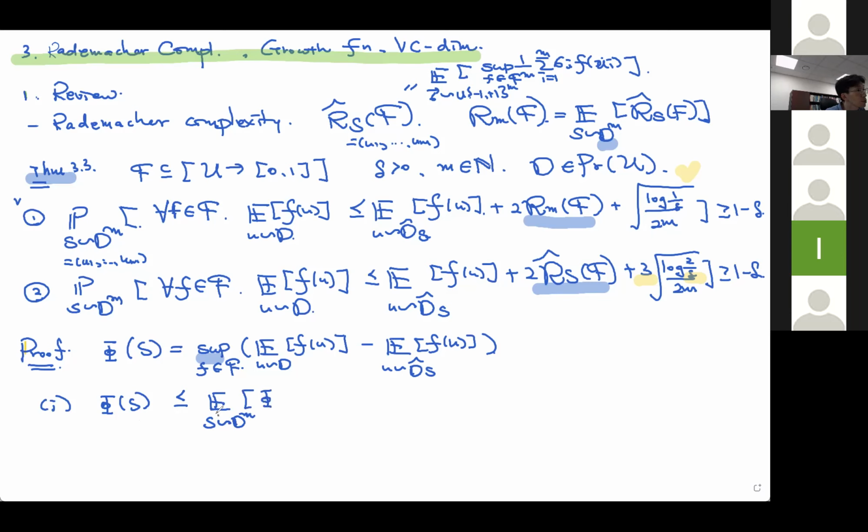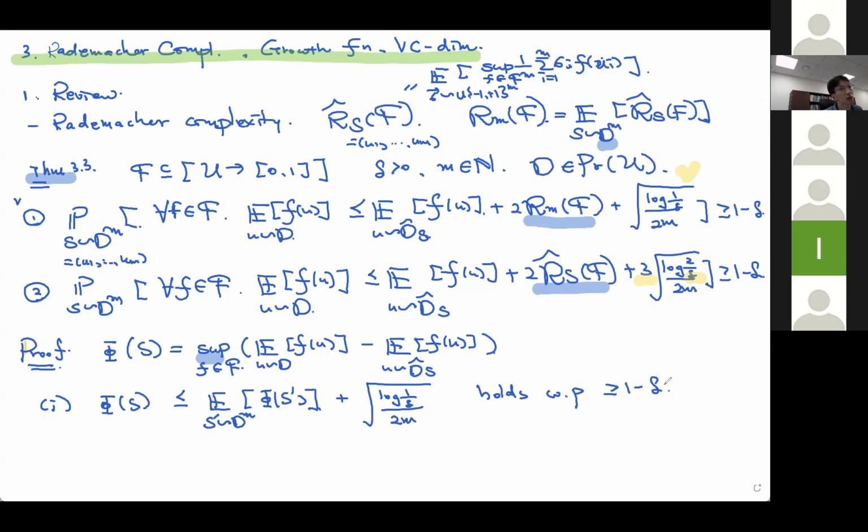If you prefer, we can put S prime to distinguish this. So we want to say, can we somehow upper bound phi using the expectation? It turns out that's possible, as long as we add some slack term, which involves 1 over delta, and this upper bound holds with probability at least 1 minus delta.